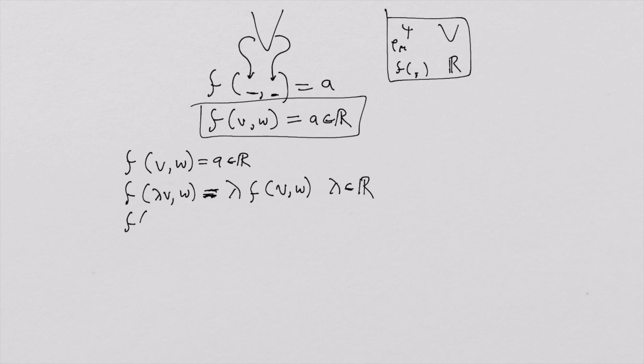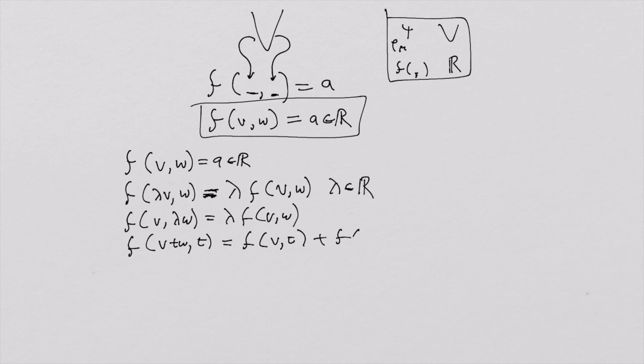And this is true for both of the terms. Then the other thing is that the sum of two vectors operating on a third vector simply equals the sum of the function. This is another notion of linearity, right? This combined with these two make sure that everything is linear.